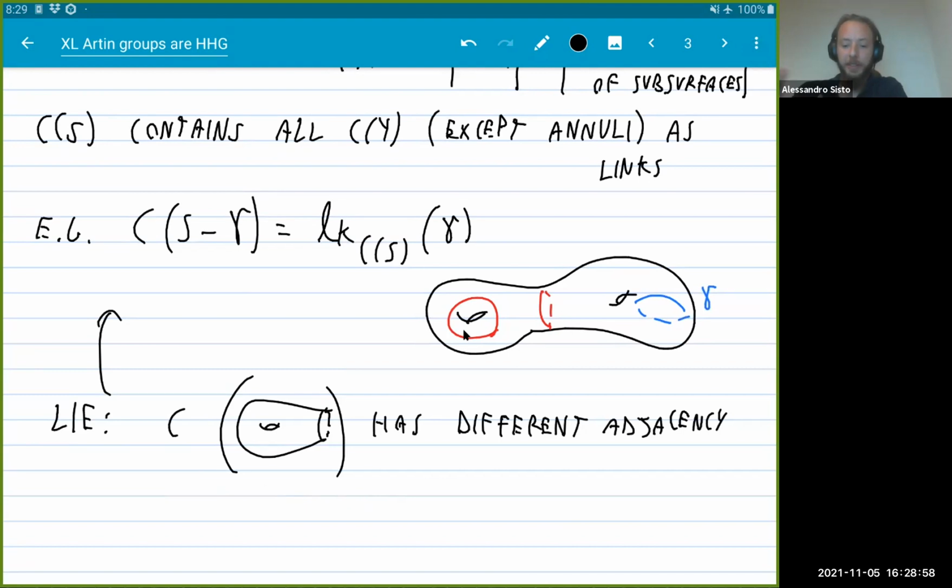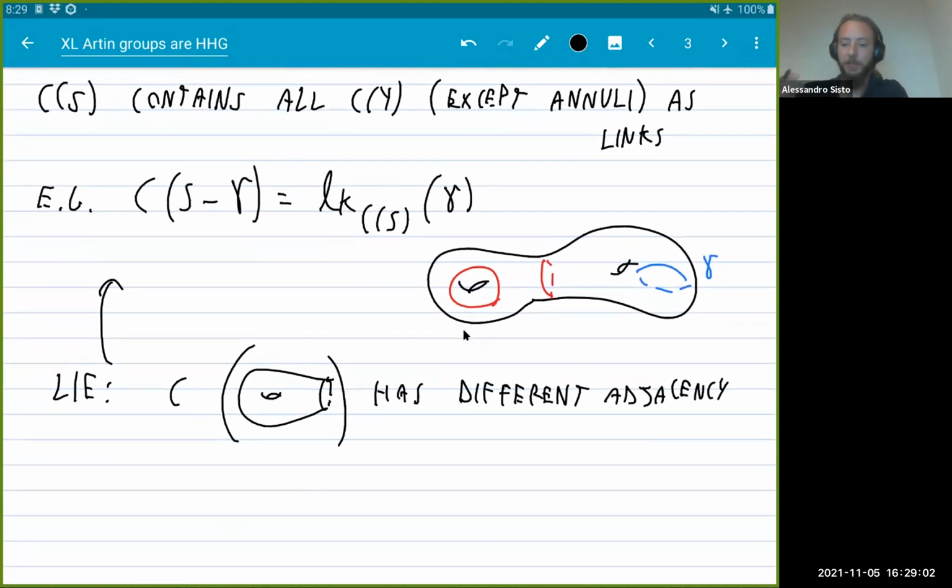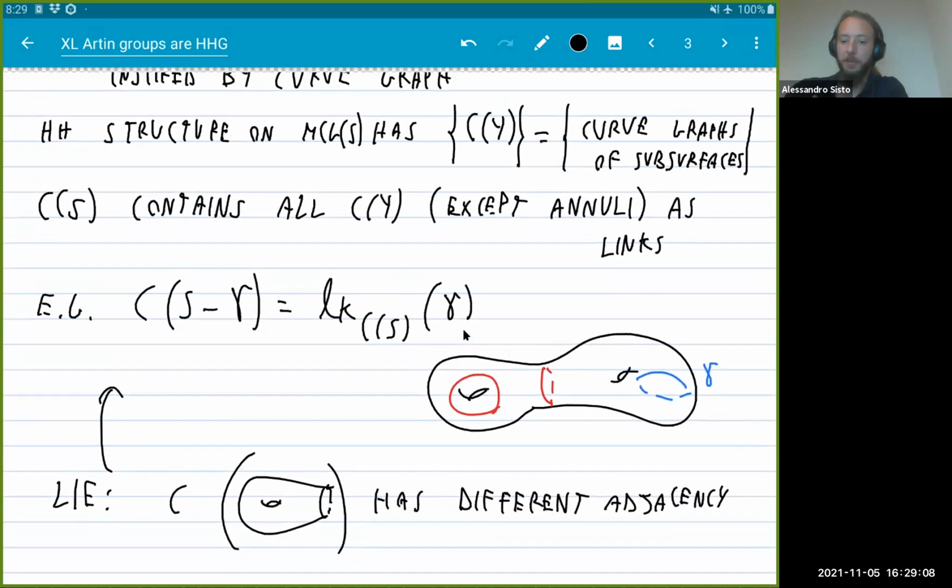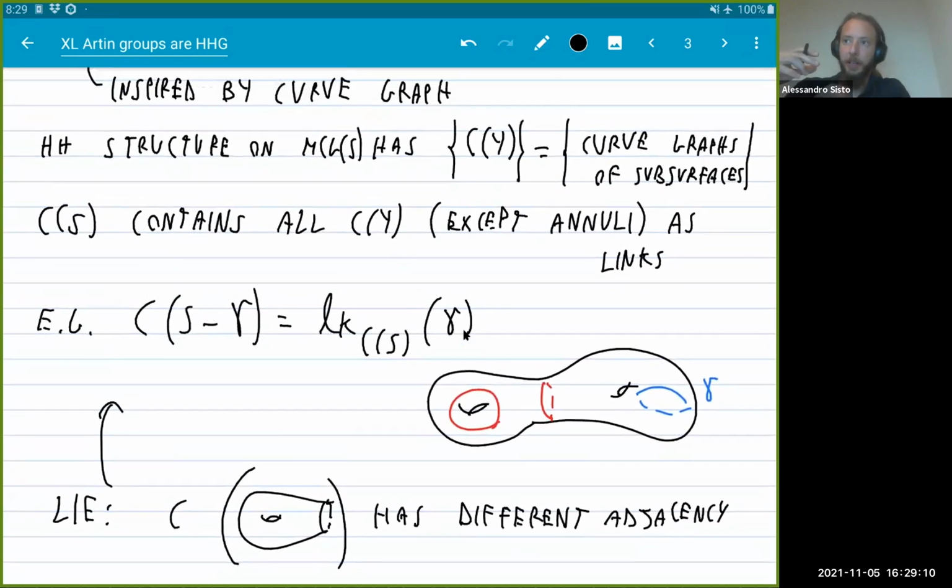Okay, so this leads to the following definition, this thing of missing edges. What we want to do is encode this fact that the curve graph contains all the information that you need, or at least all the hyperbolic spaces that you need to give the HHS structure on the mapping class group.